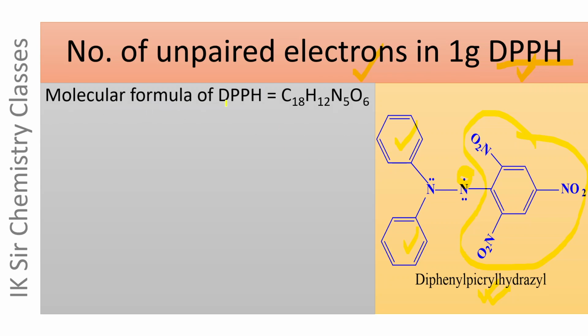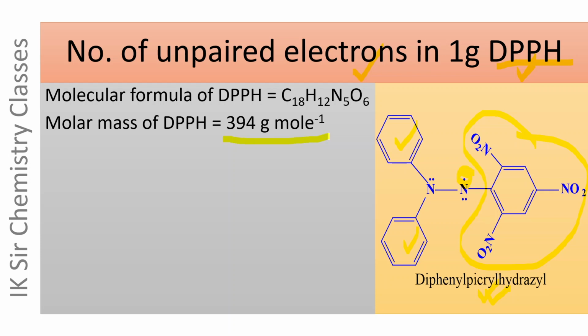The molecular formula of DPPH is C18H12N5O6. On this basis, its molar mass has been calculated to be 394 gram per mole. Number of moles in 1 gram DPPH will be equal to 1 divided by 394.